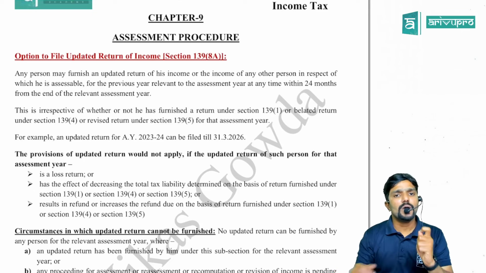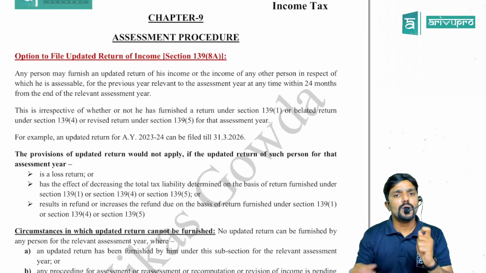So simple, guys. If the updated return leads to a decrease in tax liability, they will not allow you to file an updated return. But if it leads to an increase in tax liability, yes, they will allow you. Same way, refund is the reverse scenario. If there is any increase in refund due to filing of an updated return, you cannot file it.